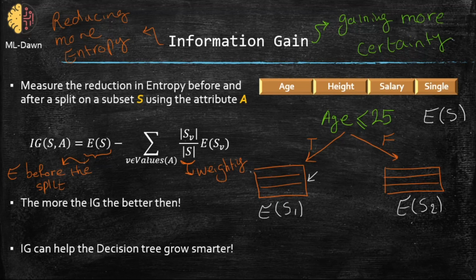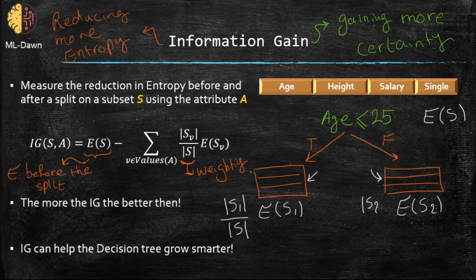It means I'm weighting each of the entropies that resulted. So the left entropy is going to be weighted. Now, the size of this subset, we show that with the absolute size of S1, and the original set before the splitting has a size as well, which we show with capital S. And the right hand side, this subset S2, has a size as well.